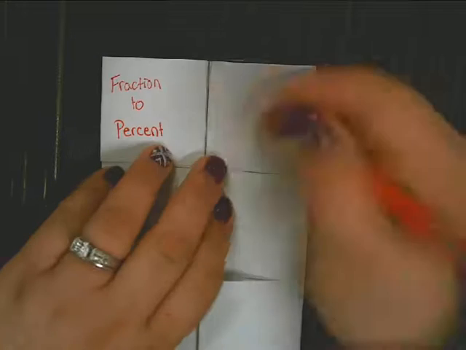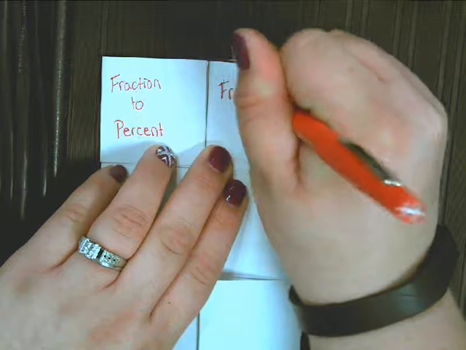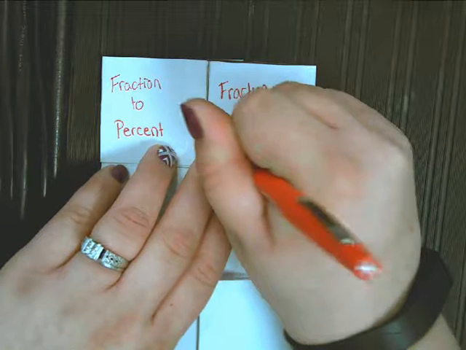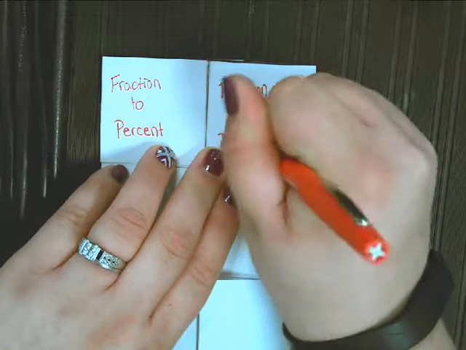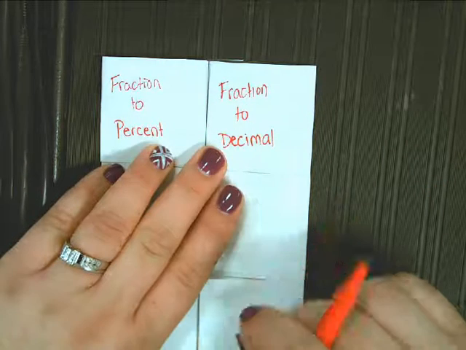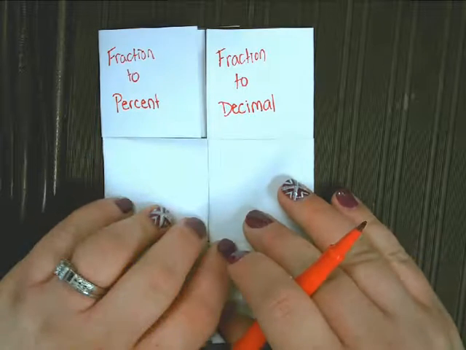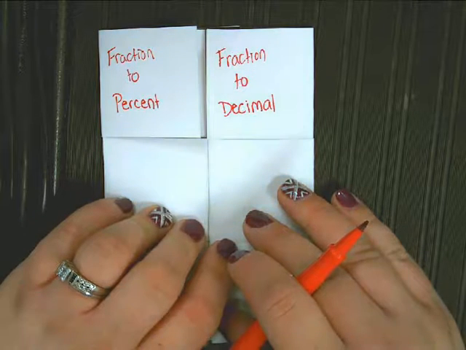Across from that one, you're doing fraction to decimal. So fraction to percent, fraction to decimal. Notes you can do in pen, quizzes and homework you may not.